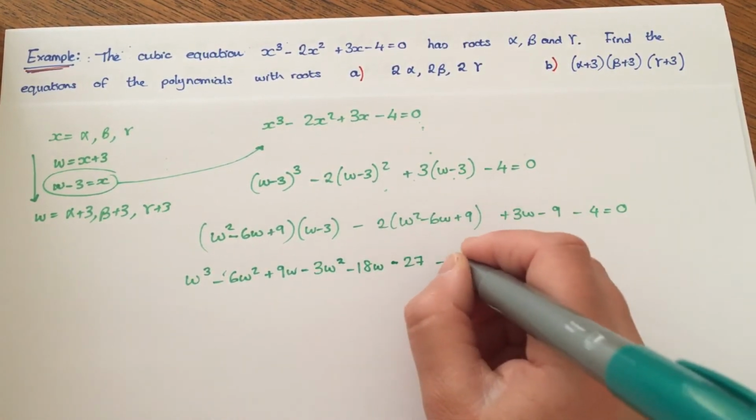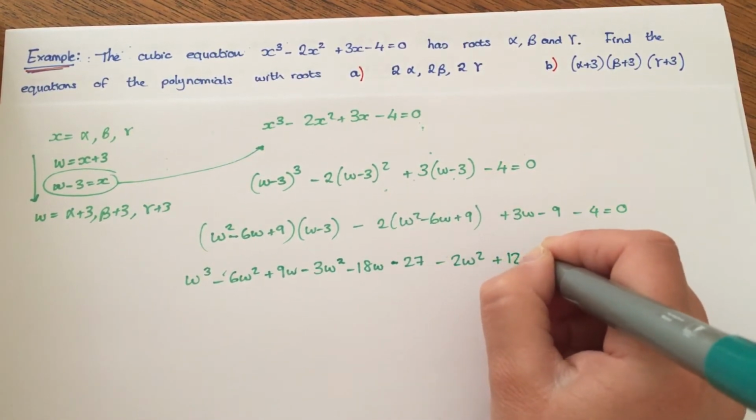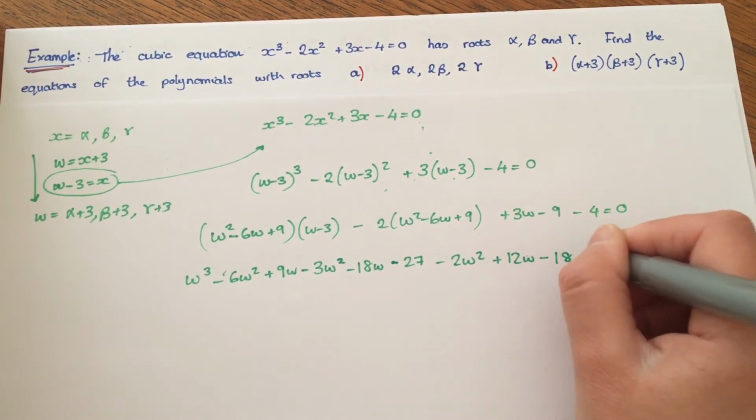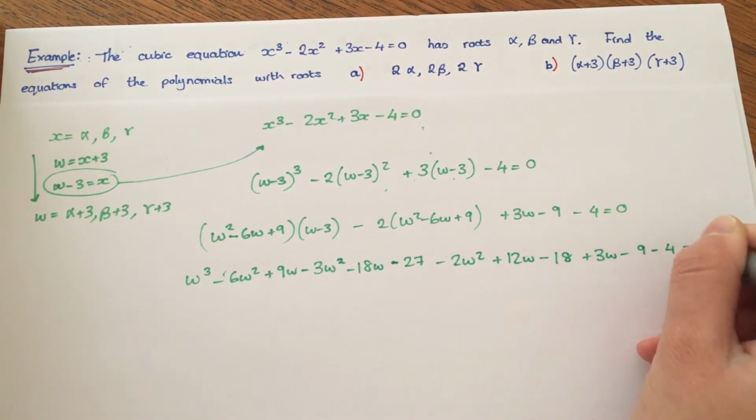This one, minus 2w squared plus 12w minus 18, plus 3w minus 9 minus 4.